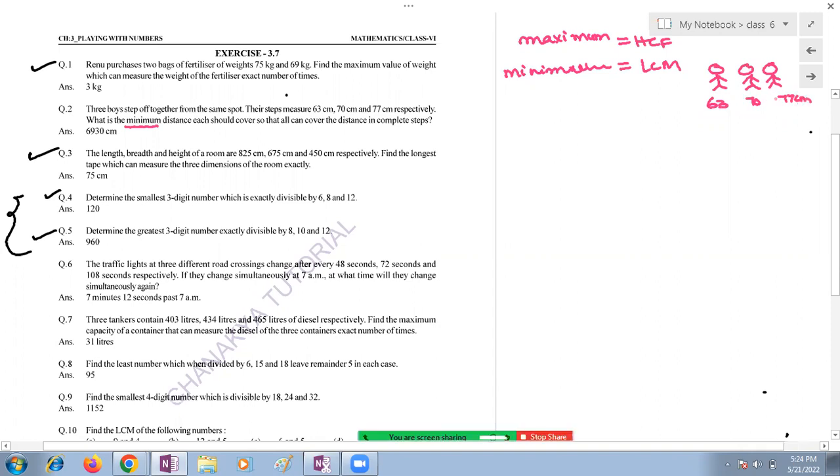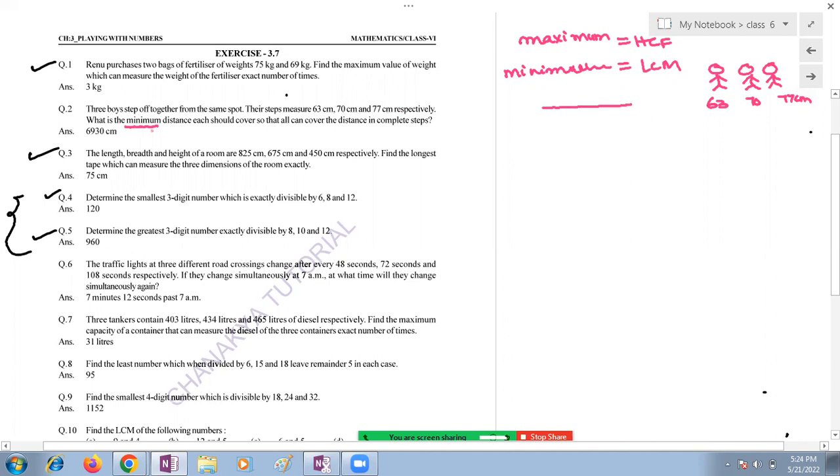The condition was the boys step off together from the same spot. You just imagine they started from this point, with 63, 70 and 77 respectively.